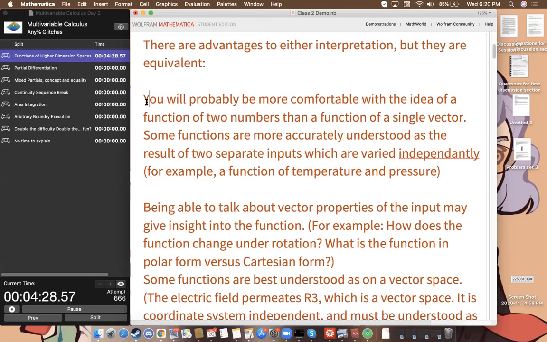So some functions are best imagined as the result of 2 separate inputs, which then vary in an independent fashion. For example, you've probably seen PV equals nRT, right? Pressure times volume equals the quantity of gas times a constant times the temperature.